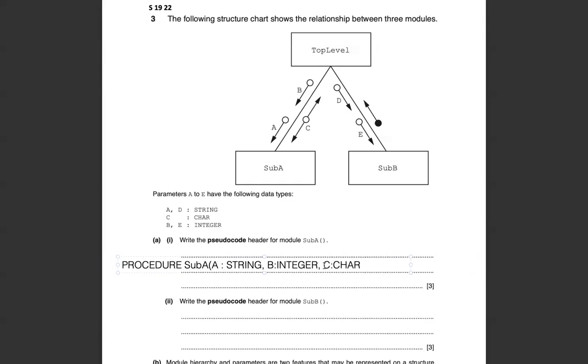For C, we're going to call it by ref because it's being updated. And that would be the end of the procedure. The rest are by val.